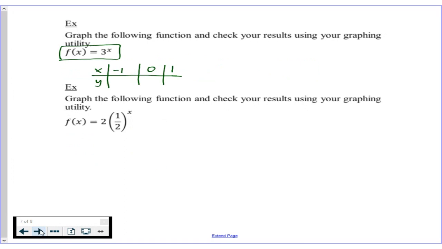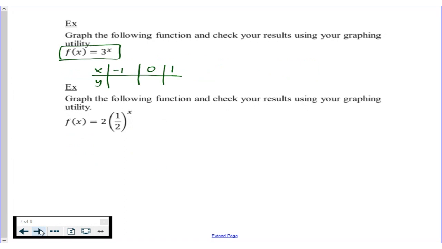So what is 3 to the power of -1? Yeah, graphing is a little bit challenging for us. I understand that. But if you know how to evaluate, this is easier. All you have to do is plug in the numbers.